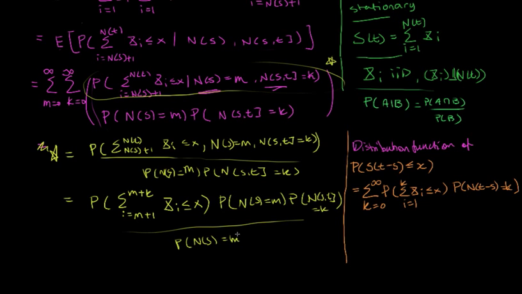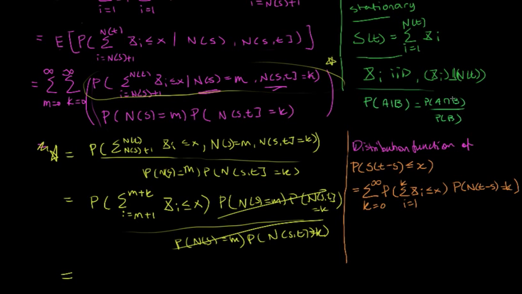And I guess you can already see where this is headed, so probably I don't even need to finish this calculation, because now this cancels with this, and the only thing I've got left is just the probability that the sum of xi from m plus 1 to m plus k is less than or equal to x. Now let us use one more of our assumptions.